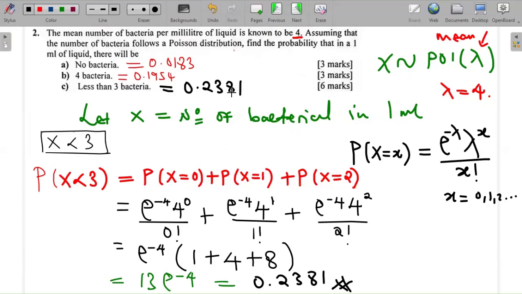A question, sir. Yes, you can ask. I don't know if there is a question, but I don't know if you can show us how to show that maybe the mean is equal to the variance under Poisson. I think I've been struggling on how to do those questions. I think there's already a video.